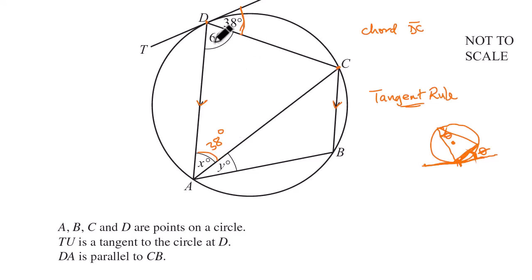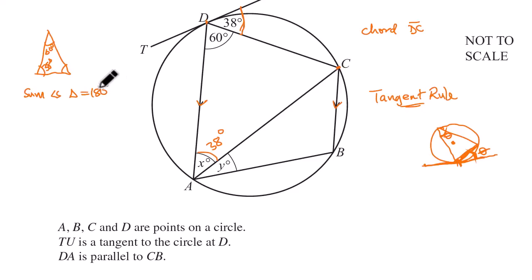And now in that triangle, you are given two angles: here is 60 degrees, and we just found here to be 38 degrees. That is not drawn to scale. We just need to find here, and we know that the sum of angles in a triangle is 180 degrees.